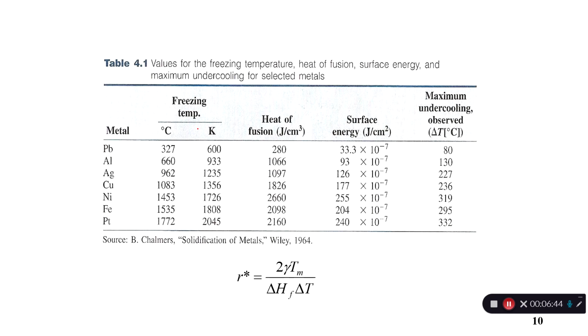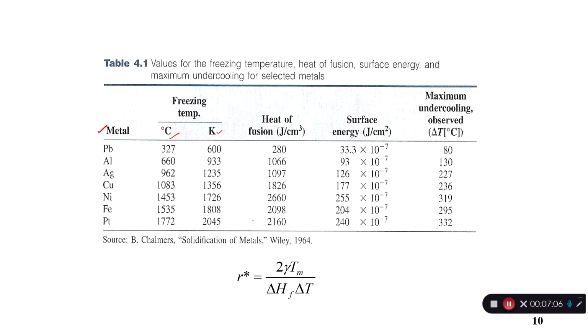In this table, you'll see the element, their freezing temperature, either in degrees or Kelvin, the heat of fusion, this is the constant, this is the surface energy, and this is the maximum undercooling.